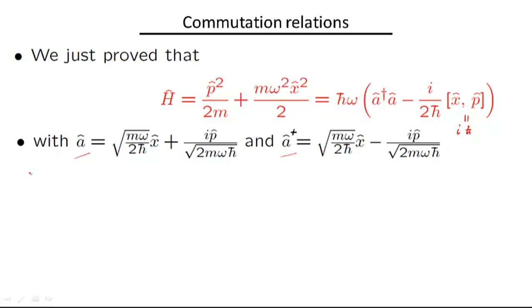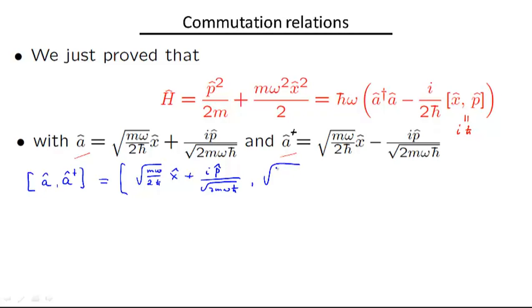If we calculate the commutator of A and A dagger, we will basically have two types of terms. Here we have square root of m omega over 2 h bar times x plus i p over square root of 2 m omega h bar, and the second term in this commutator is the same thing, but with a minus sign in front of the i.